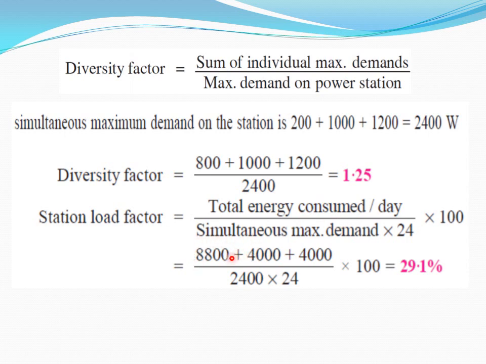So, it is 600 into 6 for the last power factor we have calculated, right. So, this will be the energy consumed by unit 1, energy consumed by unit 2 and energy consumed by unit 3. When you add and divide it, you will be getting the total load factor of the whole power station.